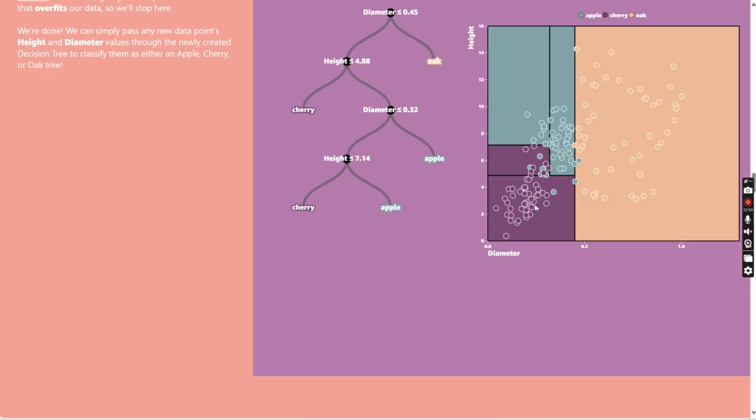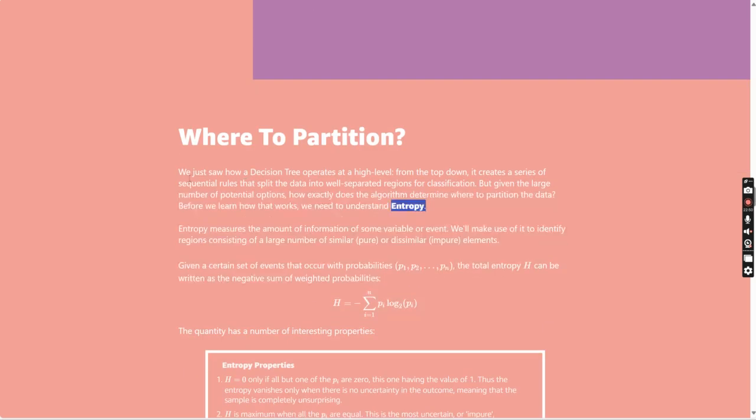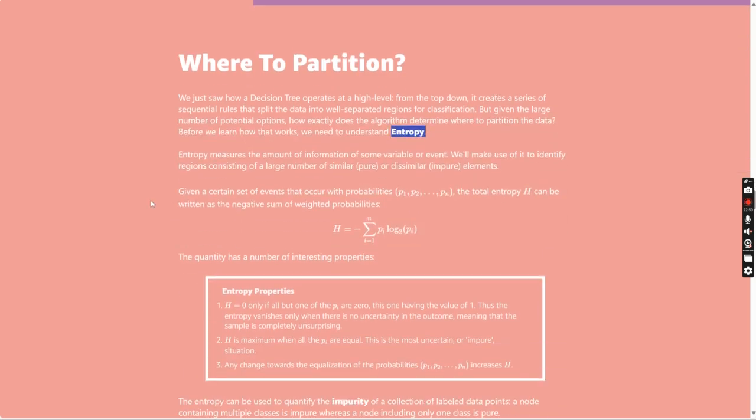For example, this is entropy: here there is one green data point with these cherry ones. This is also entropy, not a pure split, because cherry data points are mixed with apple data points. So this is also entropy because green data points are mixed with yellow data points. This is what we call impure splits, not pure splits. That is what entropy means.